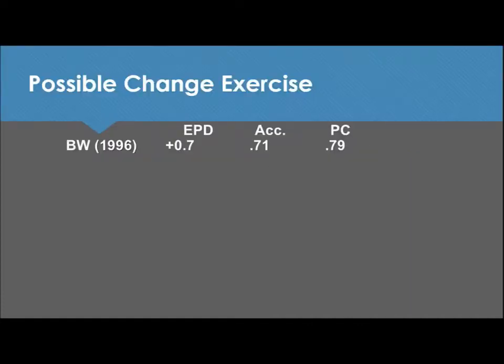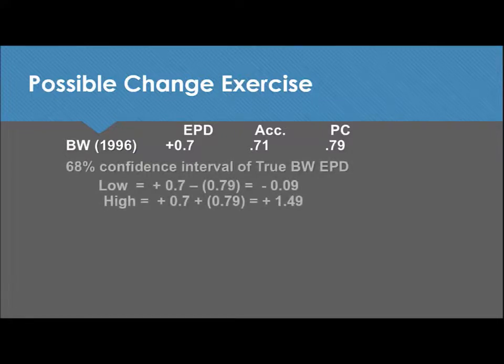All right, so if you want to figure this out, you take the EPD, we've got the accuracy and the possible change value associated with it. So to develop that confidence interval, all we do is we take the EPD minus the possible change value right here, 0.79, and then we take the EPD plus that possible change value, and that's our 68% confidence interval.